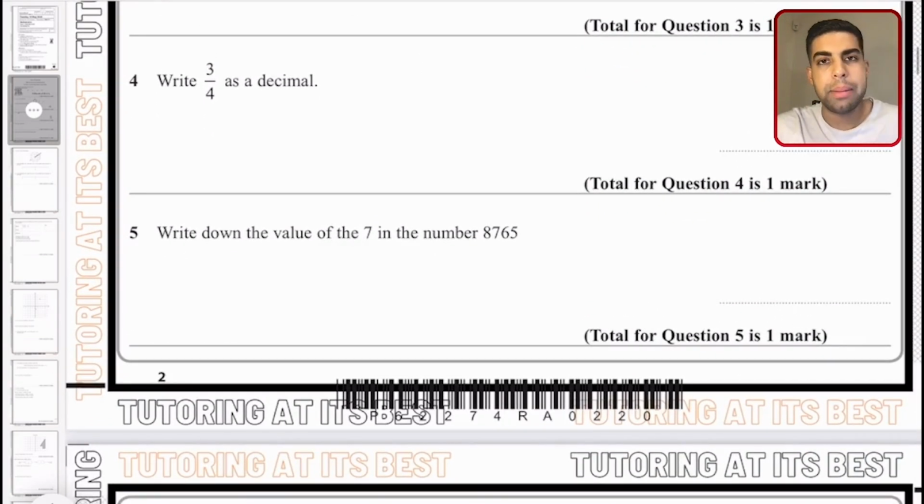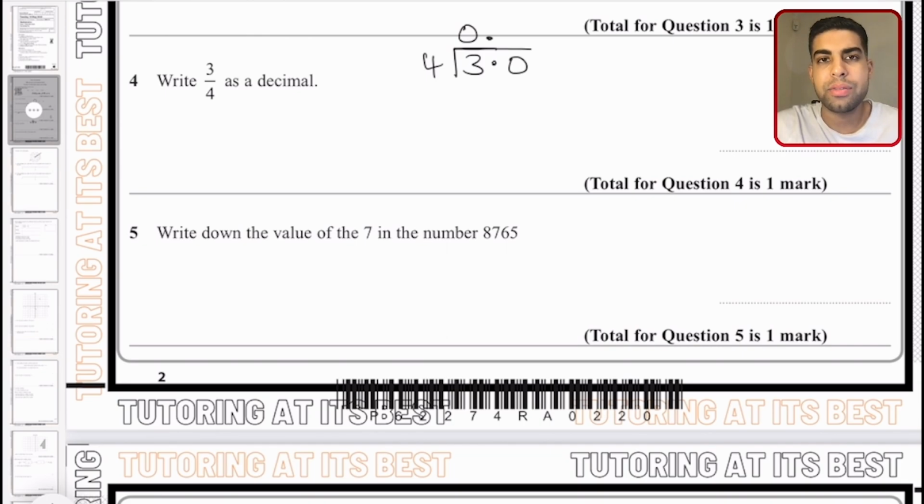And question number 4. Write 3/4 as a decimal. So for this particular question, I'm going to simply divide 3 by 4. Let's see, how many times does 4 go into 3? Well, we know 4 doesn't go into 3 because 4 is much larger than 3. So I'm going to put a decimal just after the 3, a 0 on top, and a 0 after 3. Now that's going to become 30.